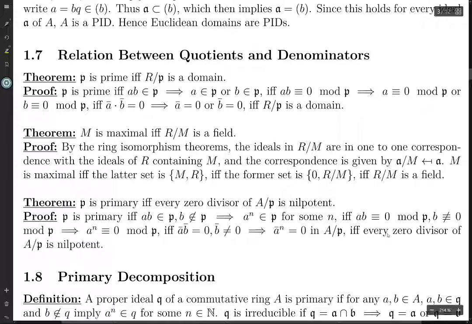Right, and so if you take a zero divisor a bar, and then you let b bar be another non-zero thing that you multiply it by to get 0, and then you just apply it. And then yeah.